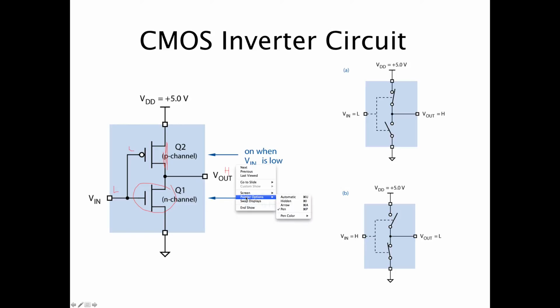Now let's erase the pen and do a high on the input. A high on the input opens this circuit, but it shorts this one because the switch is closed. So Vout would then be a low. You can see how that acts like an inverter.